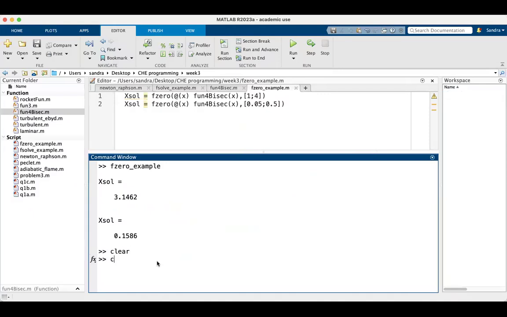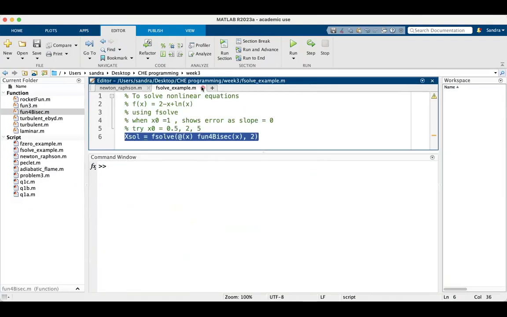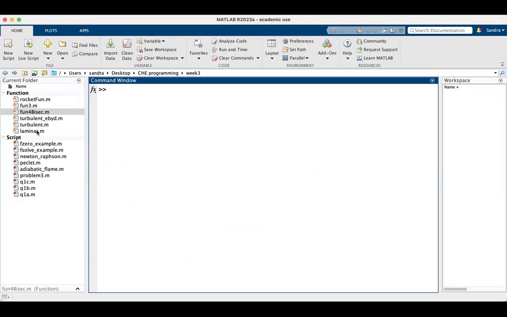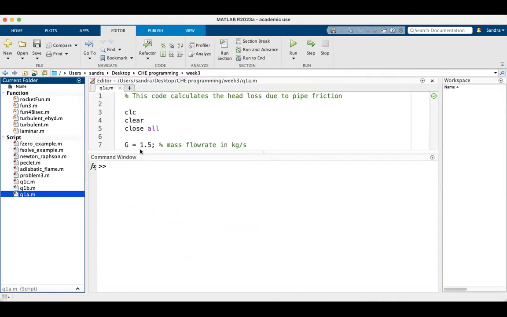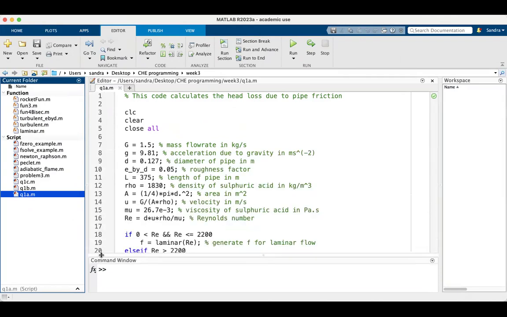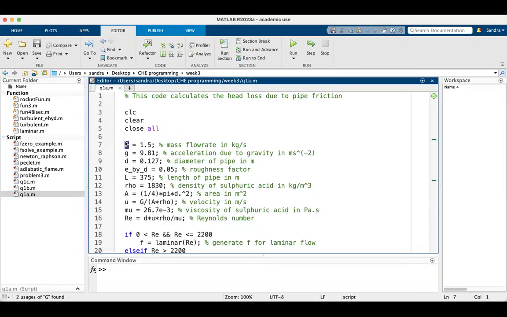Clear. CLC. Okay, so these are the things that are given to us. The flow rate G is given as 1.5 kilogram per second. The acceleration due to gravity g is equal to 9.8 meter per second square. D is the diameter of the pipe, given as 0.127.